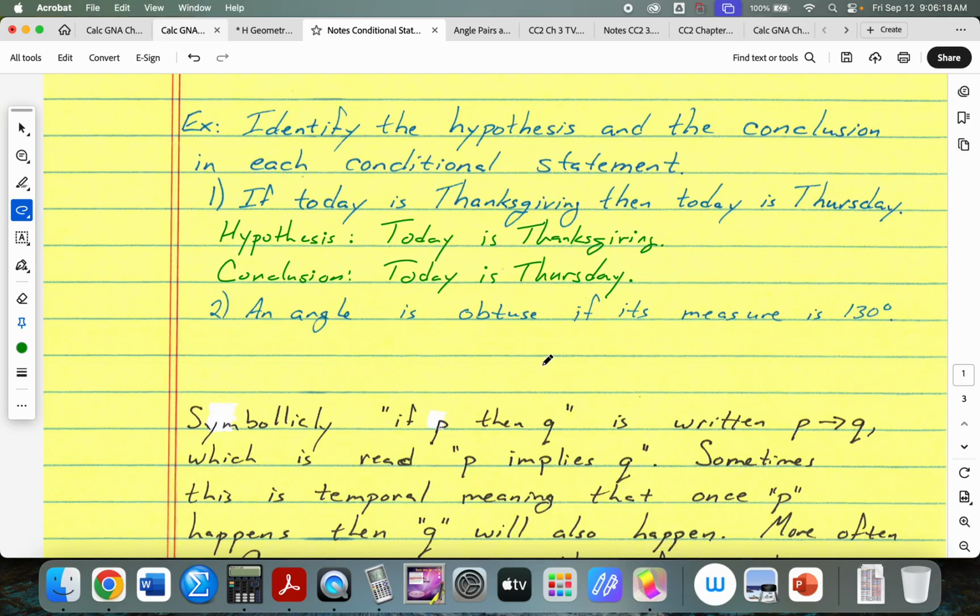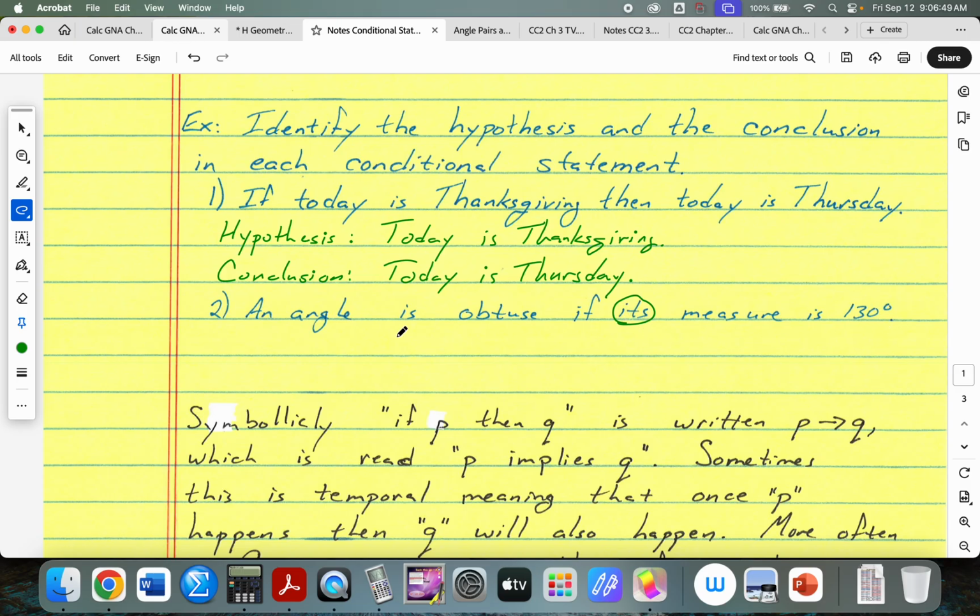For the second one, you have to be careful. Notice the if is buried in the middle. Also, and this happens a lot, there's a pronoun here instead of the noun. When you write the hypothesis and the conclusion, we typically write the noun so that everyone knows exactly what we're talking about. So we won't say that the hypothesis is its measure is 130.